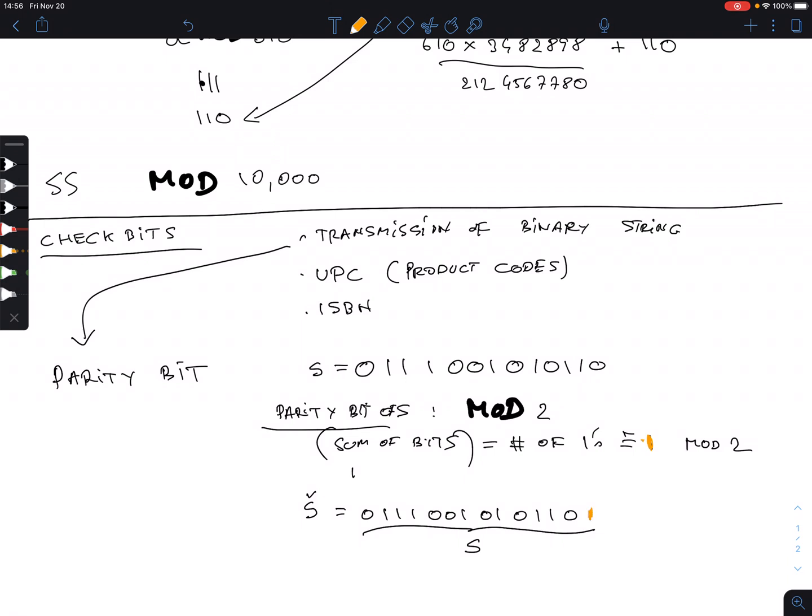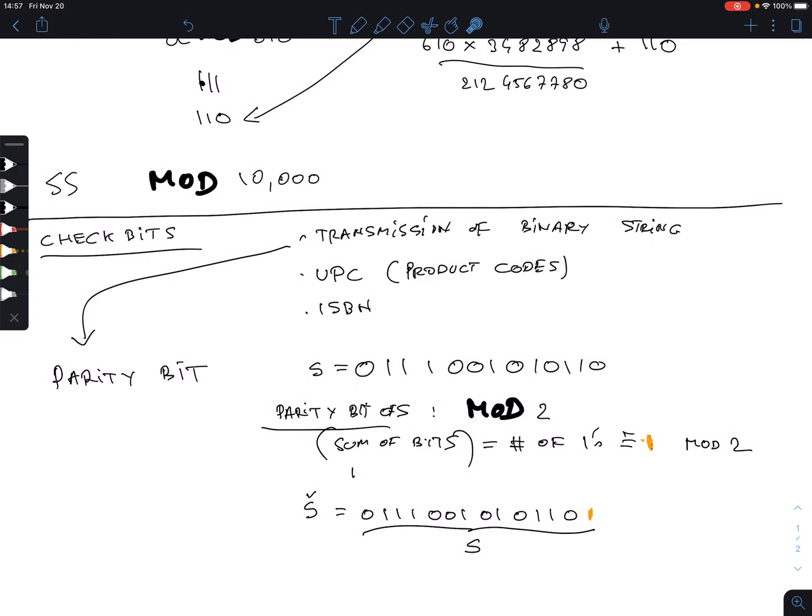So what we have made is that the string that we transmit will always have an even number of ones. 1, 2, 3, 4, 5, 6, 7, 8. Because if it was odd, then we added a 1. If the original had an even number of ones, then we added a 0, so we didn't change the number of ones.